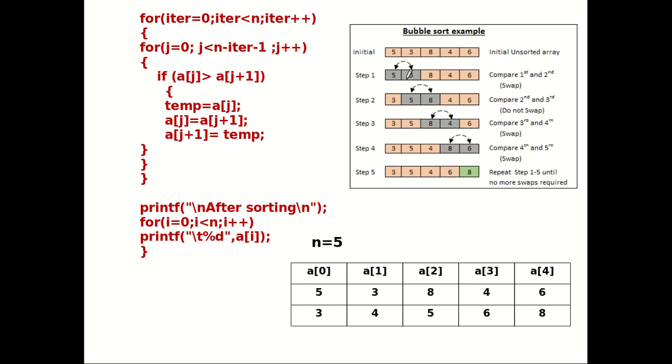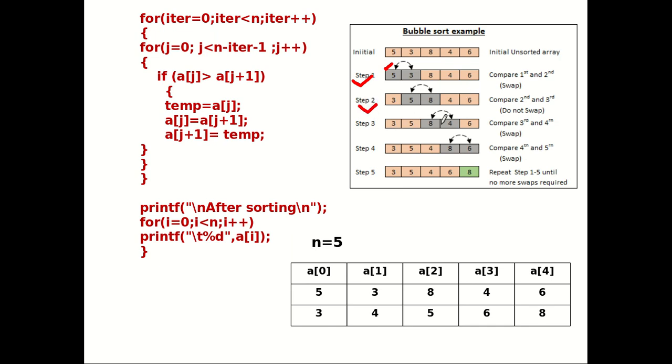If the previous number is greater than the next number, then a swap will take place. Here 5 is greater than 3, so a swap will be performed. This is the first step. In the second step, the second number is compared with the third one. Here the second number is smaller than the third number, so the swap is not necessary.